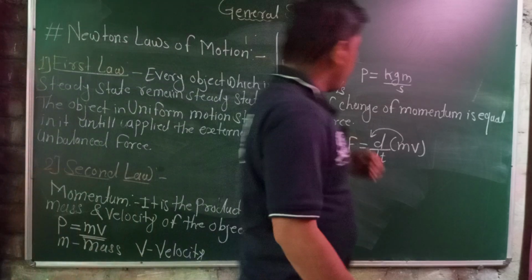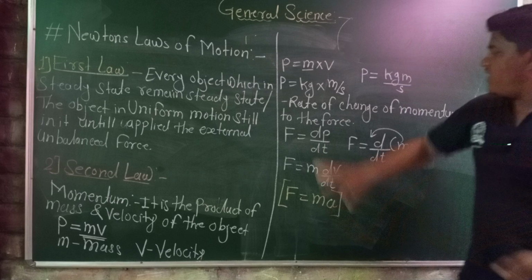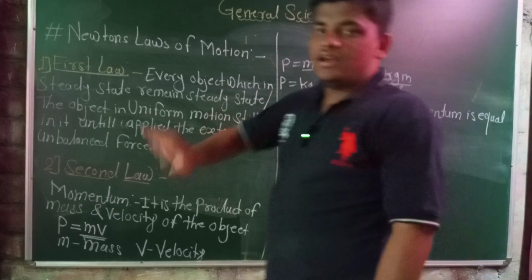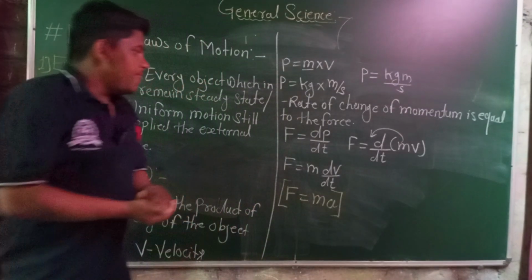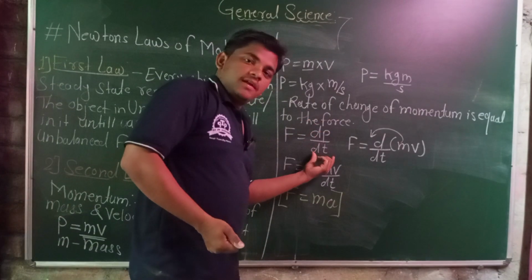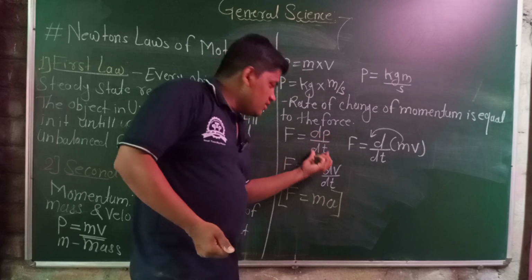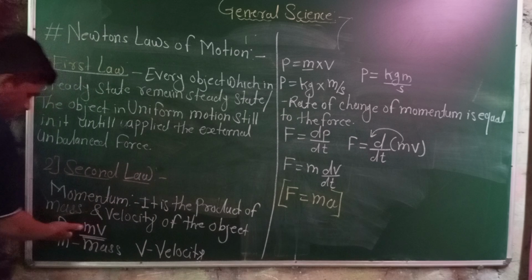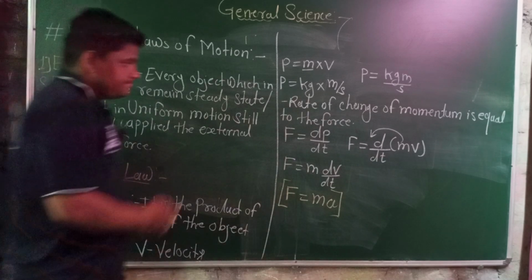This is all about the second law of motion, or Newton's second law of motion. It states that the rate of change of momentum of an object is equal to the force on that object. F is equal to dp by dt, where p is equal to m into v.